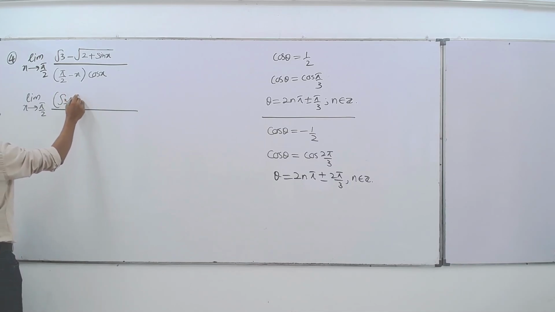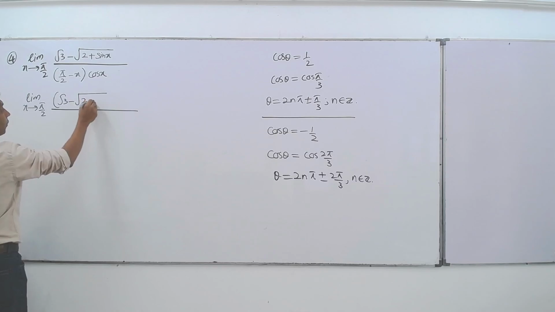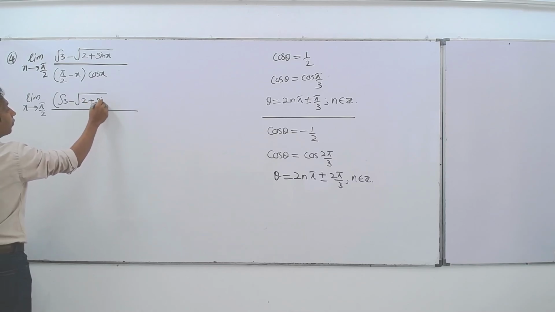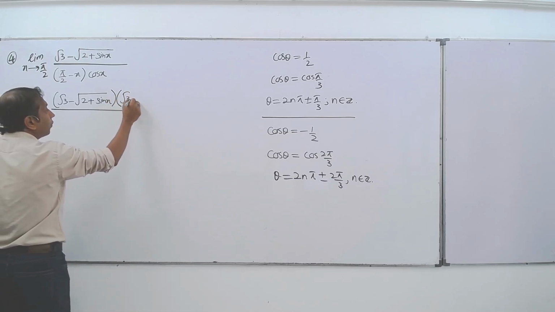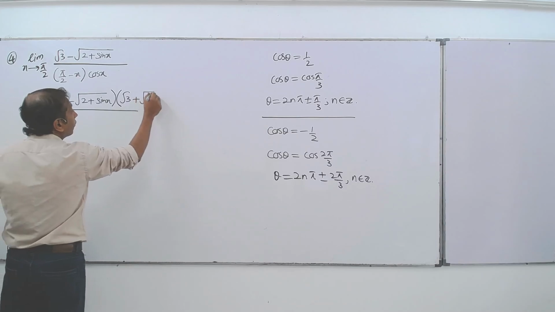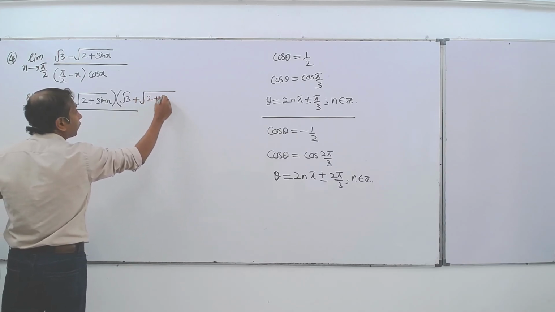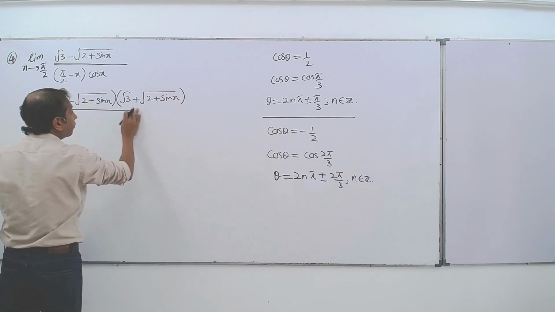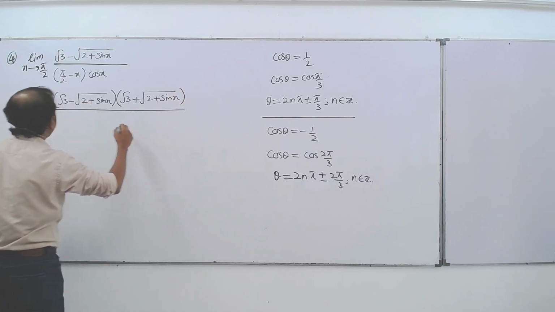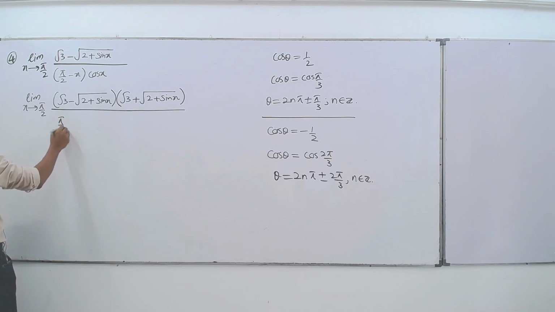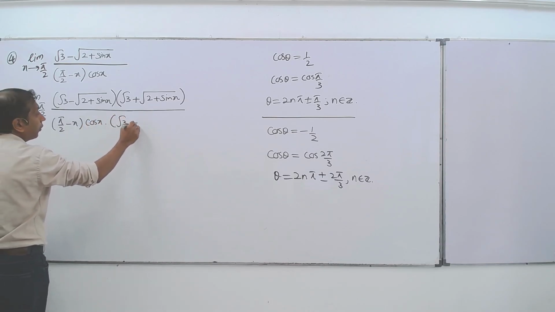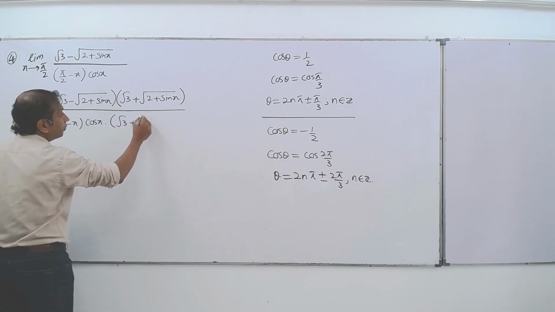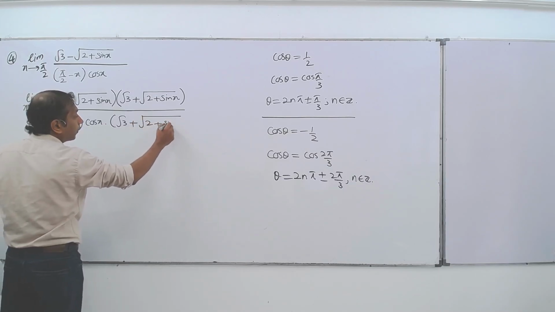root 3 minus root 2 plus sin x, root 3 plus root 2 plus sin x, over pi by 2 minus x into cos x, root 3 plus root 2 plus sin x.